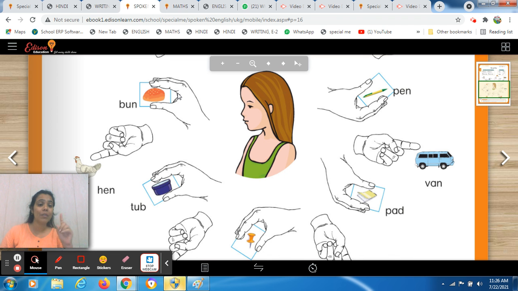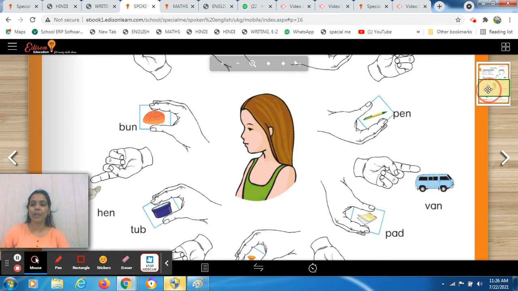That means that thing is near to her, वो उसके पास है, so she will use this for that, है ना? So this is a bun, or if this bun is hers, so she will say this is my bun. Whose bun? My bun, right? Okay, now this is completed.